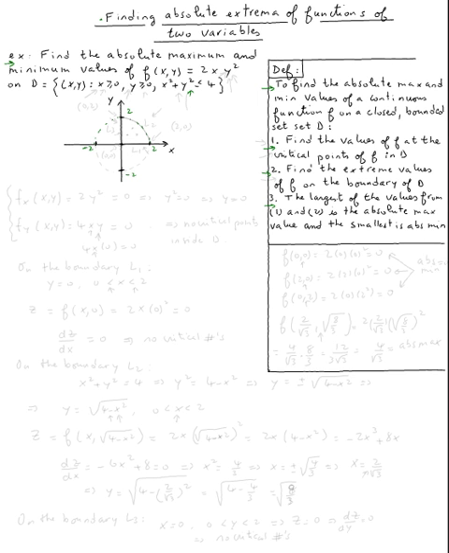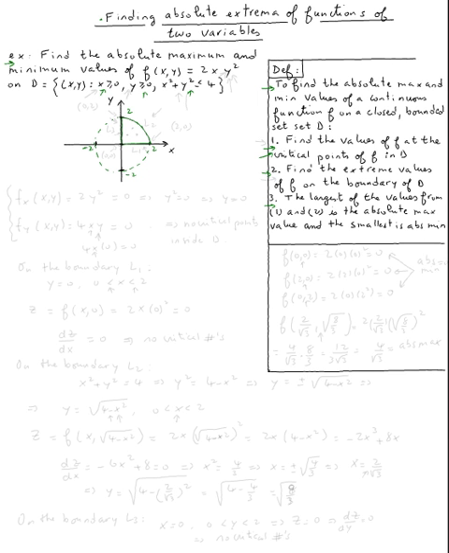The disk will be inside this circle, but we want x and y to be positive, so we only need this quarter disk, right?